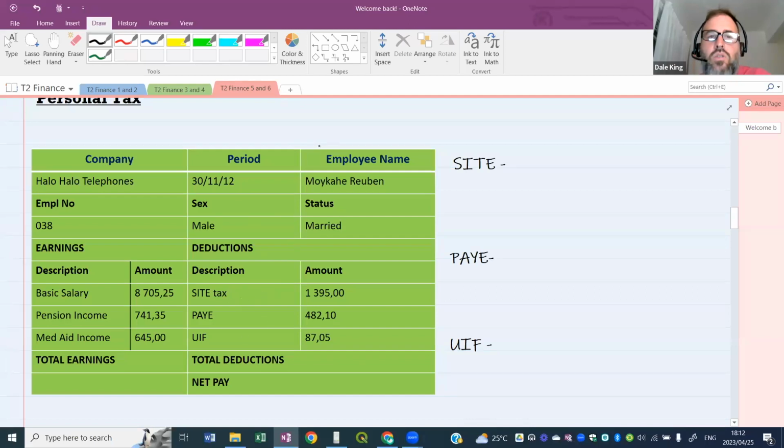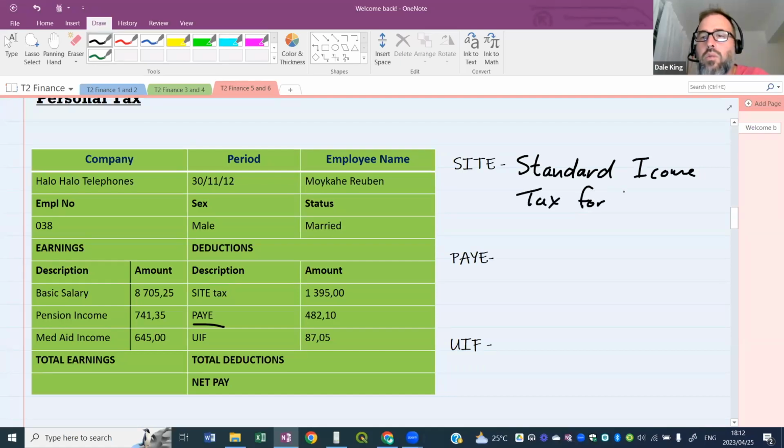So SITE was the tax that the employer would pay on behalf of the employee to SARS. But these days we have PAYE. Okay, let me just write this down here. So SITE you don't really get anymore. Standard income tax for employees.